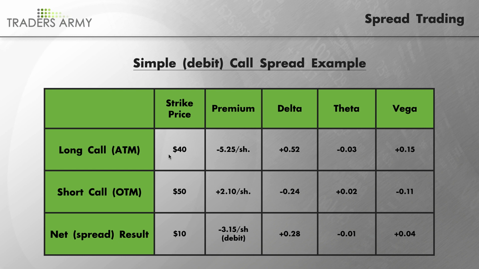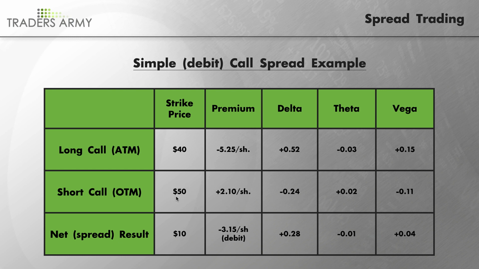So if you can buy the stock for 40, but you have to sell the stock for 50, that spread is worth $10. But if you've paid $3.15 for something that's now worth $10, you've got significant profit. So you'll have significant profit potential if the stock makes its way above $50 per share.